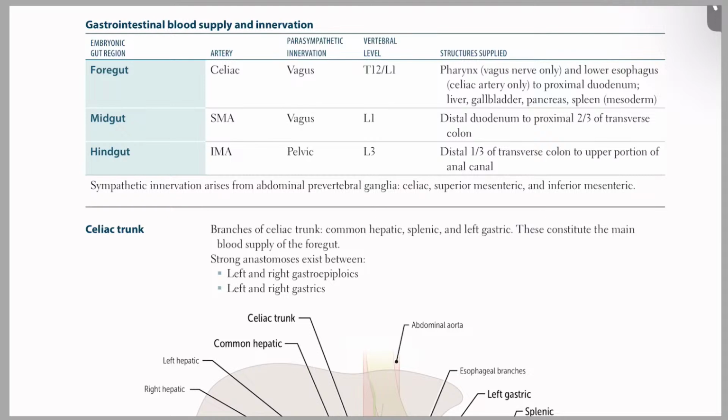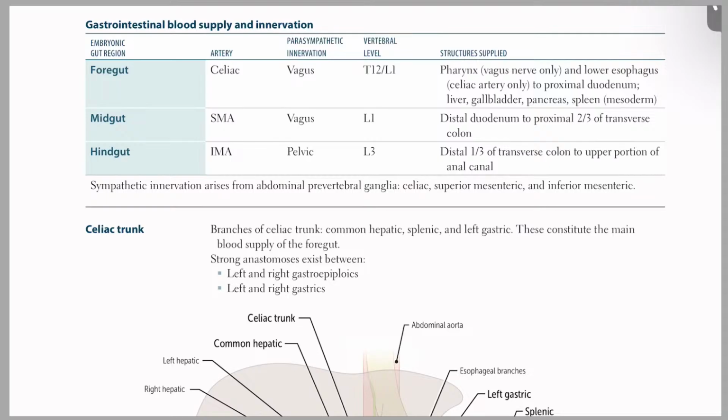Structures supplied. Foregut: pharynx (vagus nerve only), lower esophagus (celiac artery only), proximal duodenum, liver, gallbladder, pancreas, spleen (mesoderm). Midgut: distal duodenum to proximal two-thirds of transverse colon.